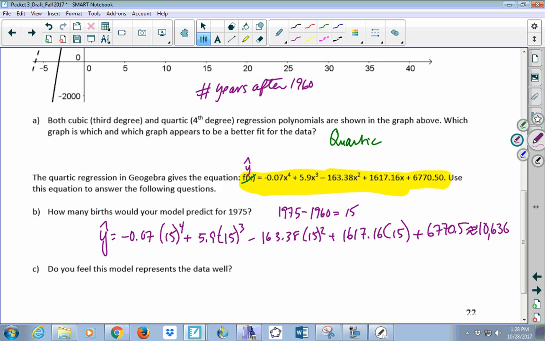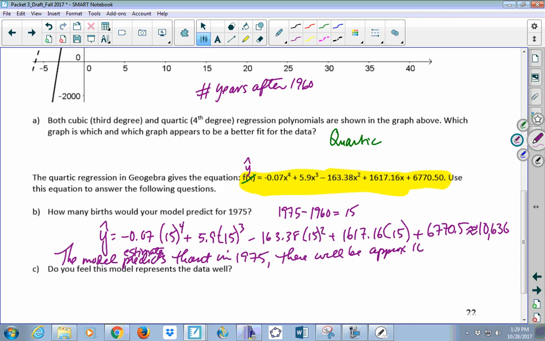So how many births would your model predict? The model predicts that in 1975, or you could say estimates, since it's within the data set, either of those are okay, estimates that in 1975 there will be approximately 10,636 births.